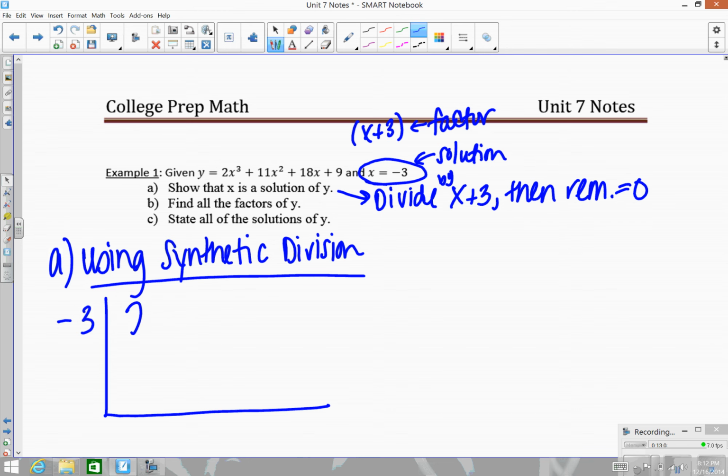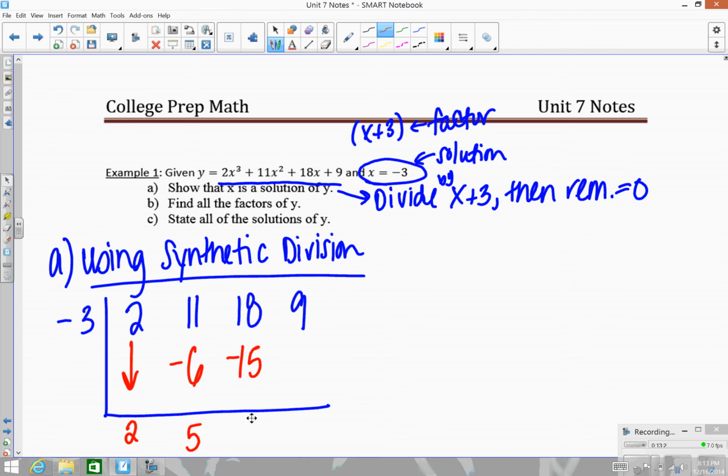So I would put each of these coefficients up. I have 2, 11, 18, and 9. Then I start the process: carry down the 2, multiply, we get -6. Add 11 minus 6 gives me 5. Multiply -3 and 5, so -15.